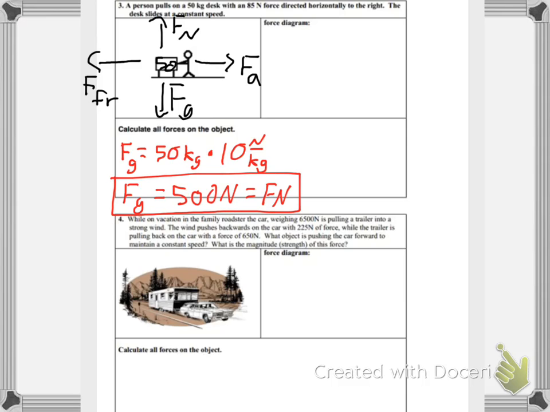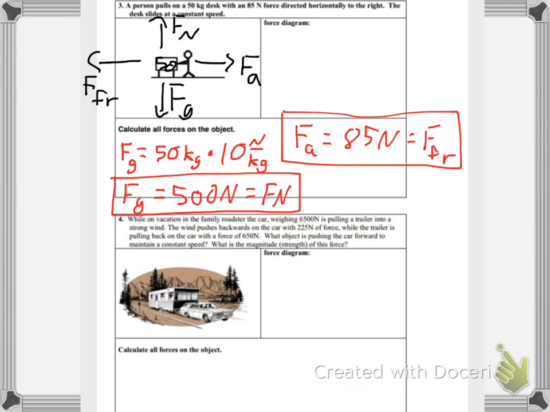And then we have an applied force, F sub A, of 85 newtons. And that is what the friction force has to be to keep this moving at a constant speed.